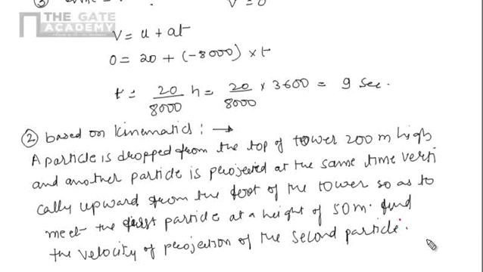So here in this problem, a particle is dropped from the top of a tower 200-meter height, and another particle is projected at the same time vertically upward from the foot of the tower. Now at that time the first particle will meet with the second particle at a height of 50 meter.